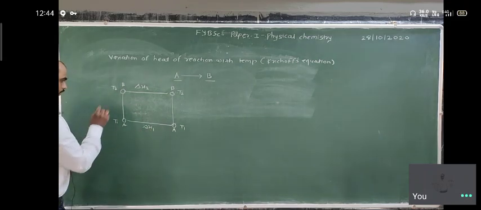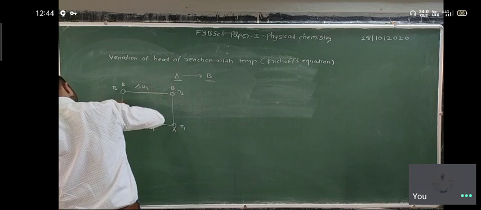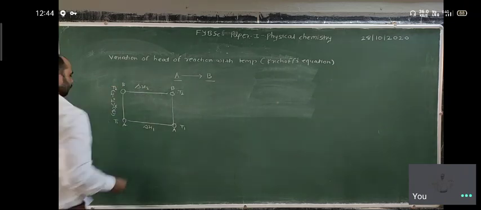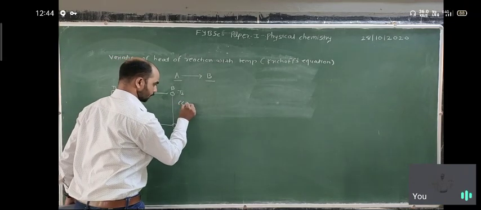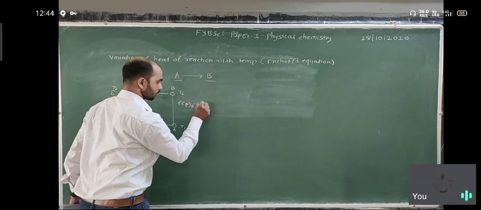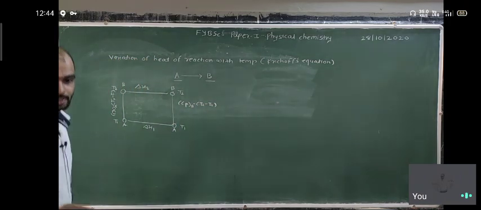This side is the heat capacity Cp of reactant A times T2 minus T1, and this side is the heat capacity at constant pressure of B times T2 minus T1.